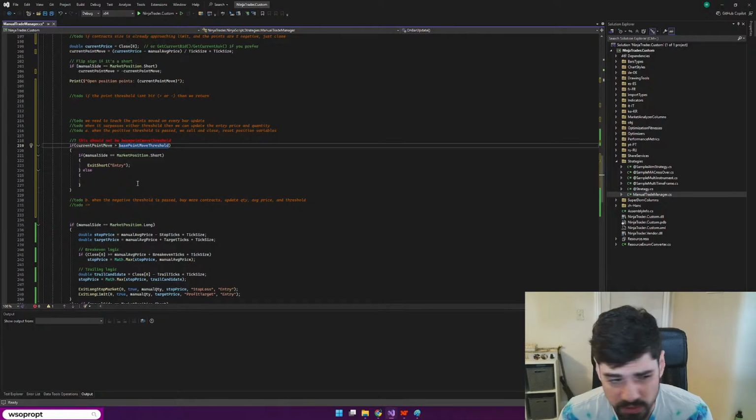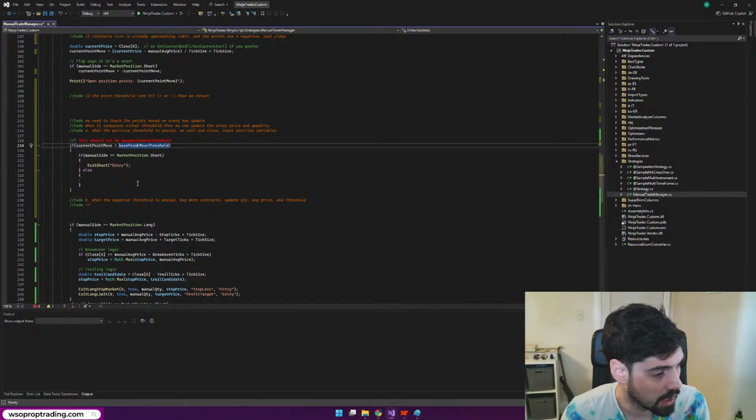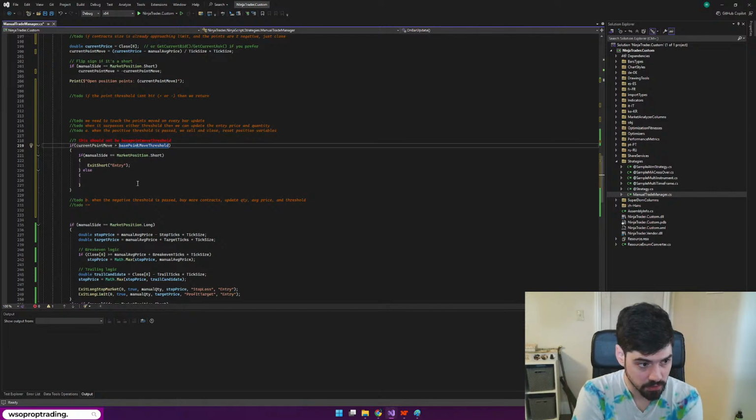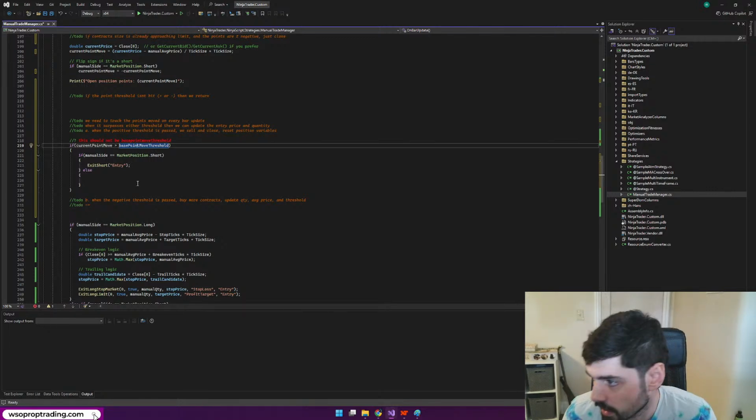Just do shorts or longs, because the code is going to be almost identical, besides a couple switches where it just changes the points and the terminology being used.